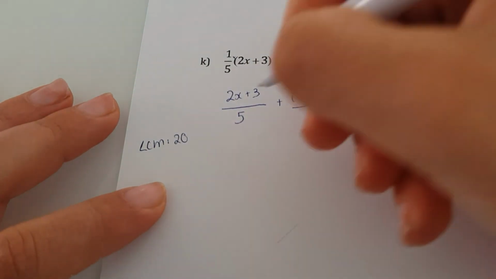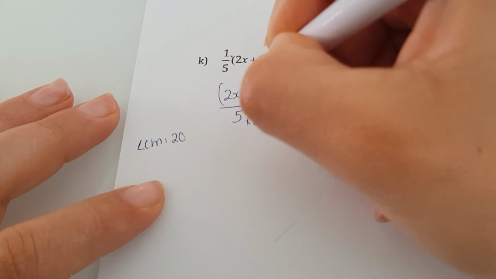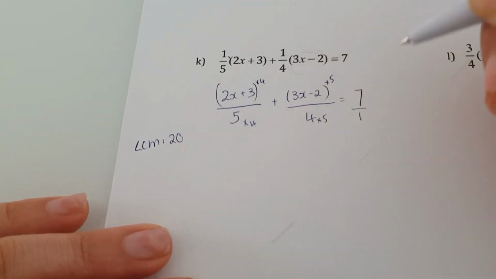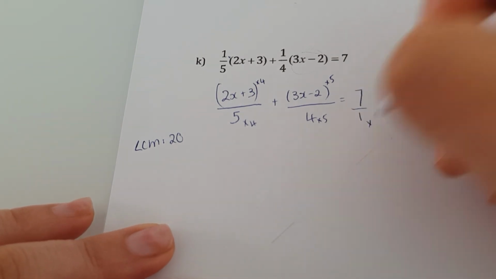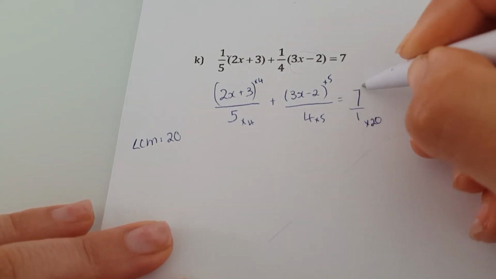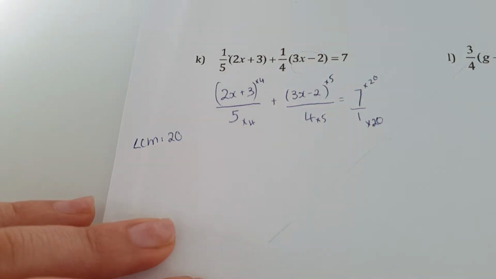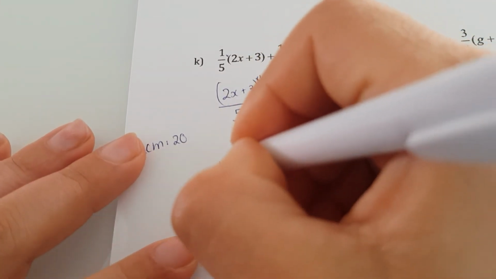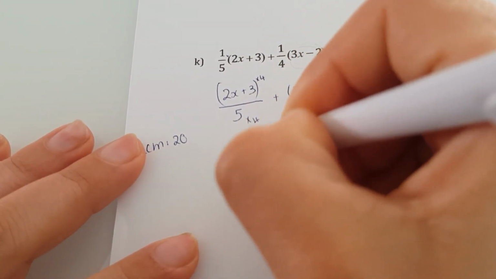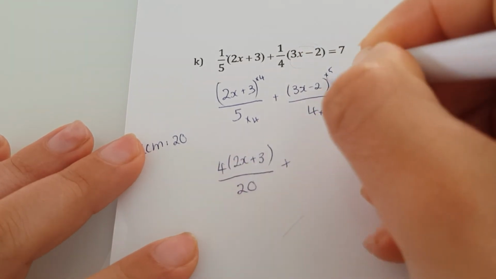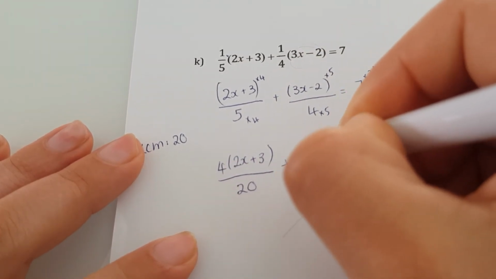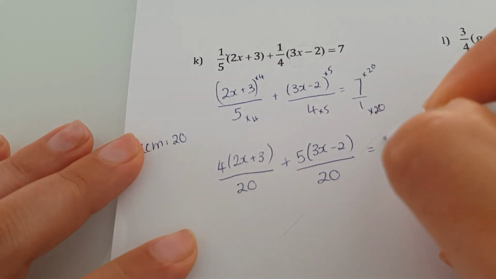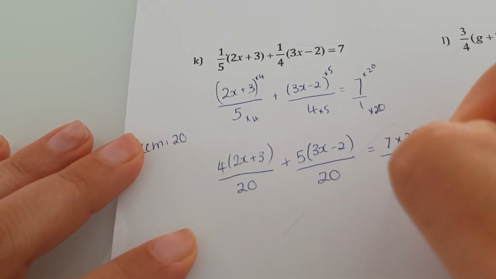20. Okay, this one multiplied by 4, this one multiplied by 5, and this one to become 20 multiplied by 20, and the same for the numerator to keep it balanced. So here we have 4 multiplied by all of that on 20, 5 multiplied by all of that on 20, 7 multiplied by 20 on 20.